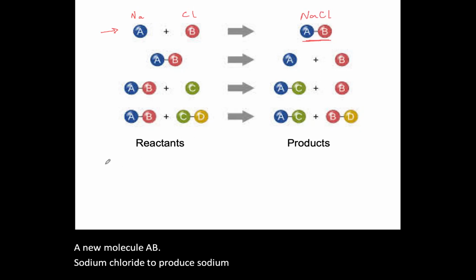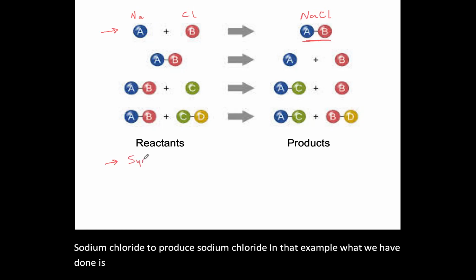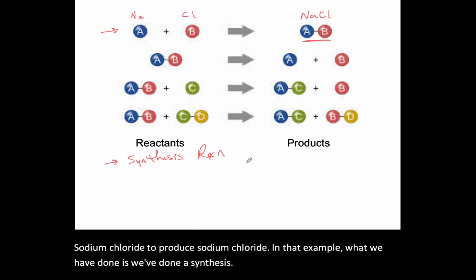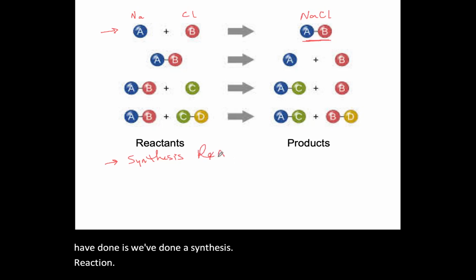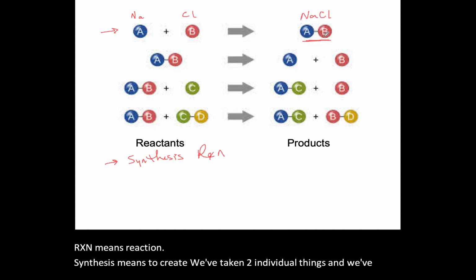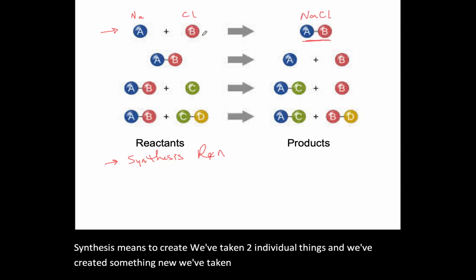In that example, what we have done is we've done a synthesis reaction. RXN means reaction. Synthesis means to create. We've taken two individual things and we've created something new. We've taken sodium and chloride and we've created sodium chloride.